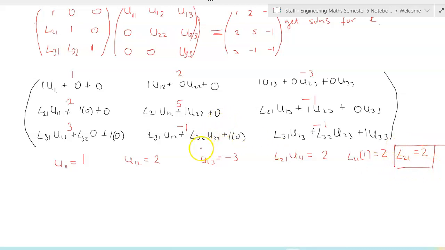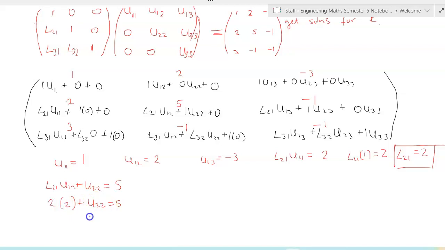Right, so now we're going to do this one here. So we have L21 times U12 plus U22, that's this middle element, plus nothing equals 5. But what have we got here? We know L21 is 2, and we know U12 is 2, so 2 times 2 plus U22 equals 5.